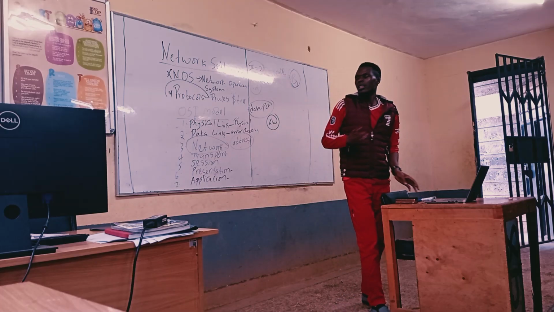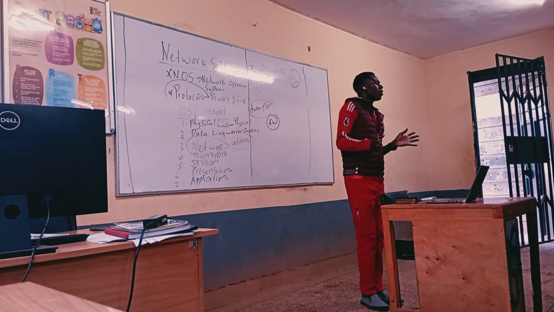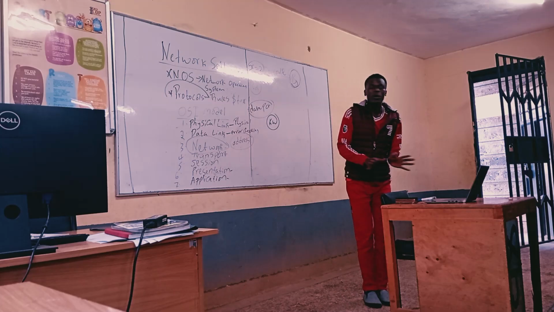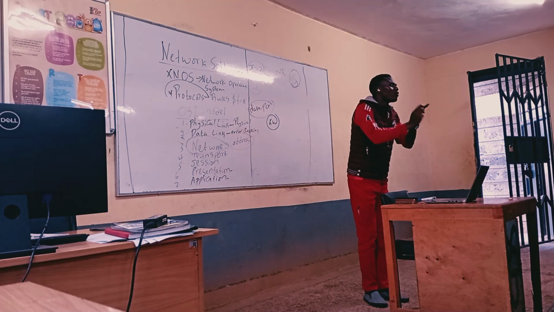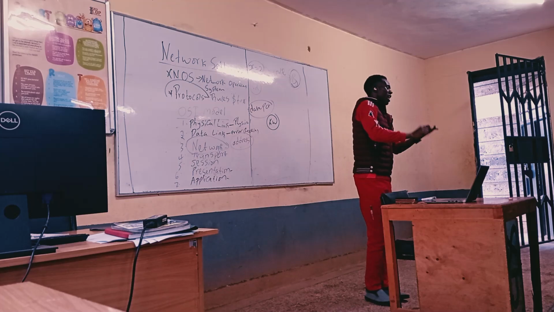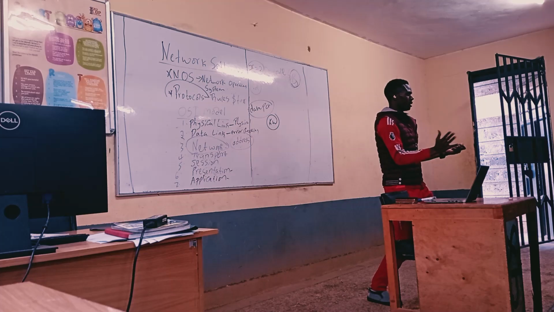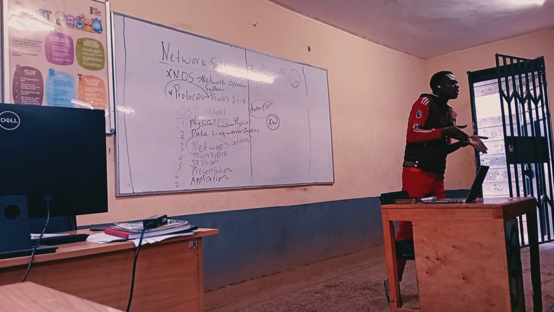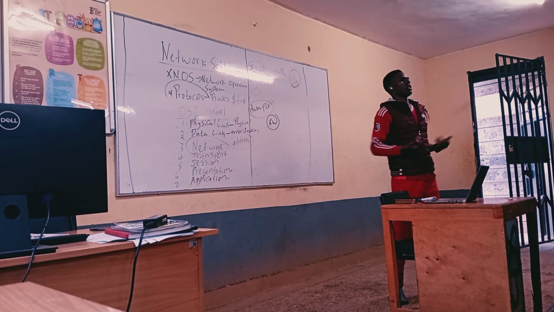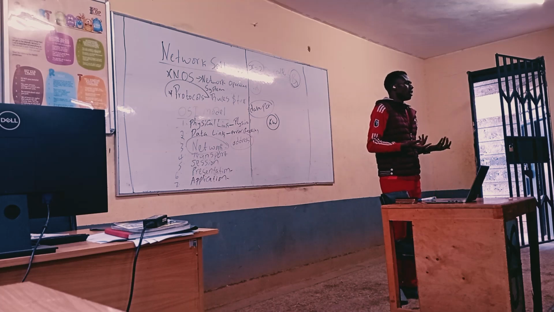Now it is key. These things are not difficult. If we sit well and look, the first is physical, then data link. After data link you have network. After network you have transport. After transport, session, then presentation. After presentation, application, what the user will see, and so on.